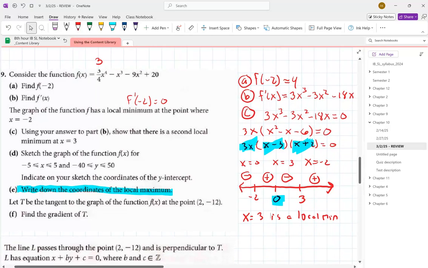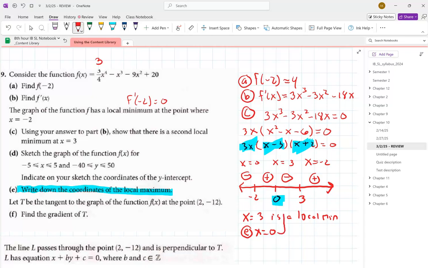So D I just don't want to do because you can just type it in your calculator and hit graph. For E, I know that x equals 0 is the maximum.